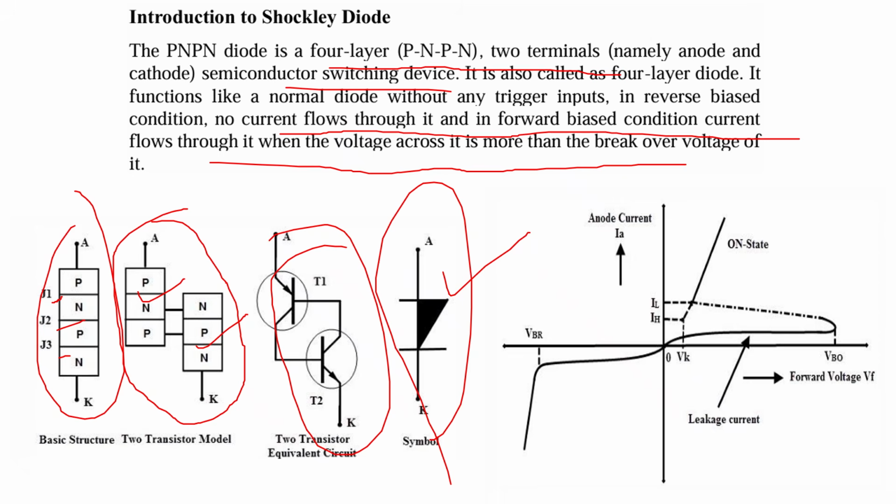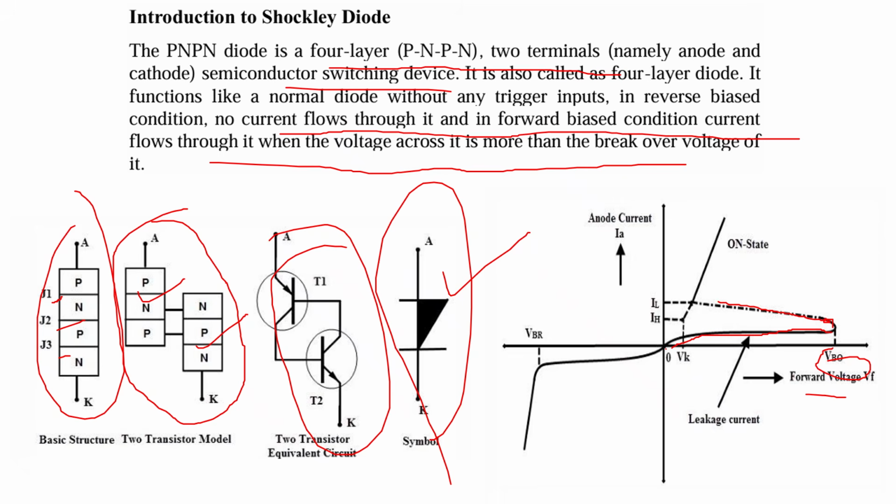Now the working principle. Initially, suppose you are standing at 0 and you are increasing the forward voltage. Initially the amount of current flowing will be very, very less. Now suddenly, after reaching this VBO voltage, the amount of current will keep on increasing. Even if you decrease the voltage, your current is still increasing, right?